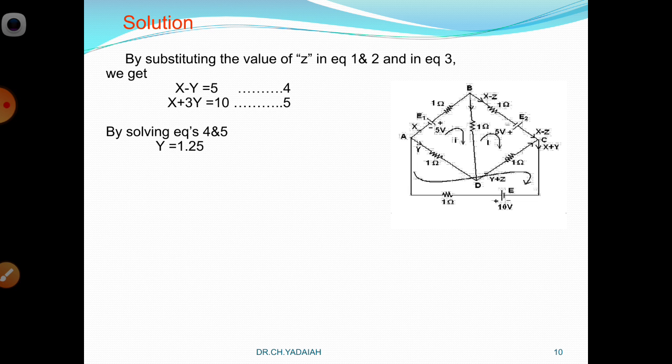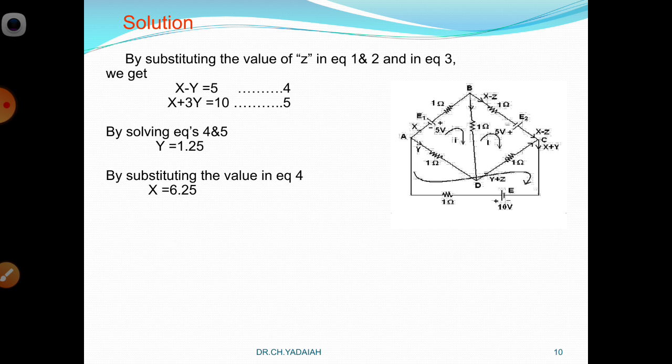Now simplify these two values, substitute in equation 1 or 2 or 3 or anything, we are going to get the x value. Now substitute this value in 4 or 5, you get the value. Substitute the value in equation 4, then what is the value? That is x minus 1.25 is equal to 5, adding, then we are going to get 6.25 amperes.